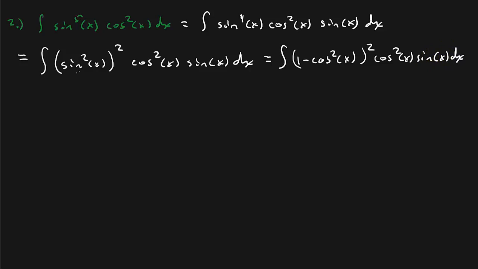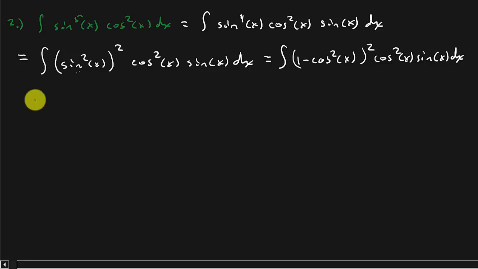All right, now let's use our u substitution. I'm going to let u equal cosine x, so du is negative sine x dx. See there, that's du. There's sine x dx, but what do I need?